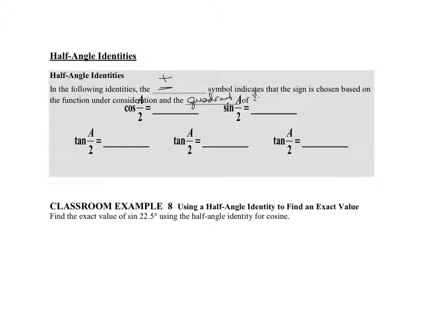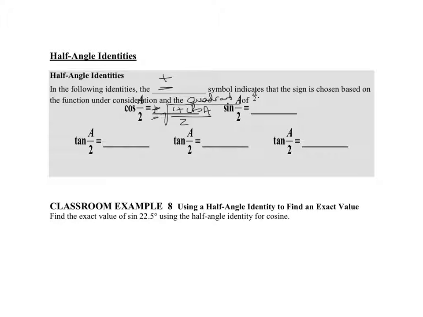Now, if we're looking for replacements for cosine, we only have one, and it is either a positive or negative, and the replacement is the square root of a fraction, 1 plus the cosine of angle A divided by 2, all of it under the radical. So plus or minus the square root of (1 plus cosine A) divided by 2.